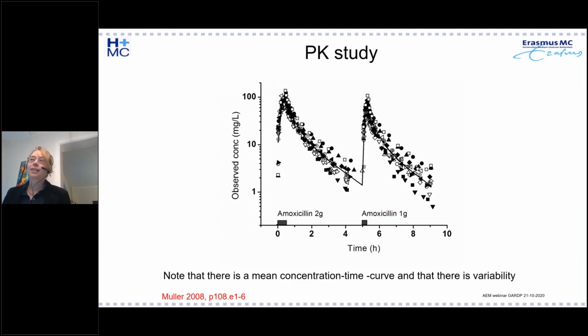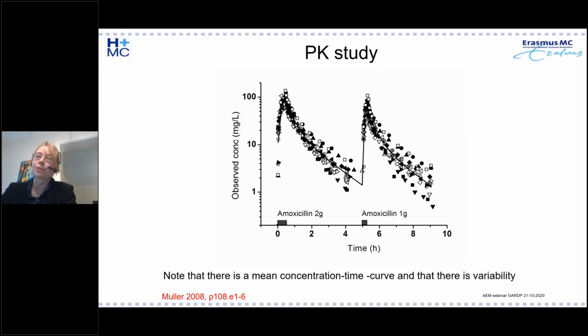Okay, this is an example of the results of a pharmacokinetic study, and I will guide you through the plot. On the vertical axis you see the concentrations, and on the horizontal axis there's time. This is done in pregnant women, and they received 2 doses of amoxicillin, the first of 2 grams and the second of 1 gram. You see the concentration increasing and afterwards decreasing.